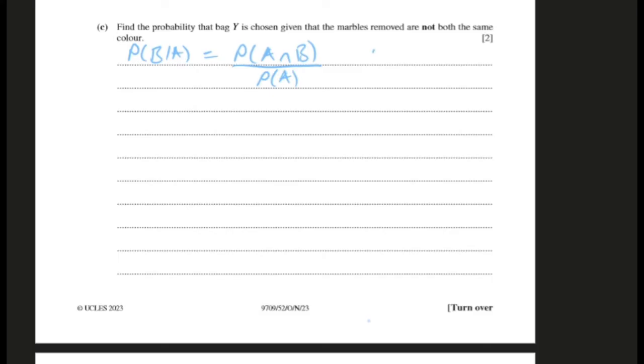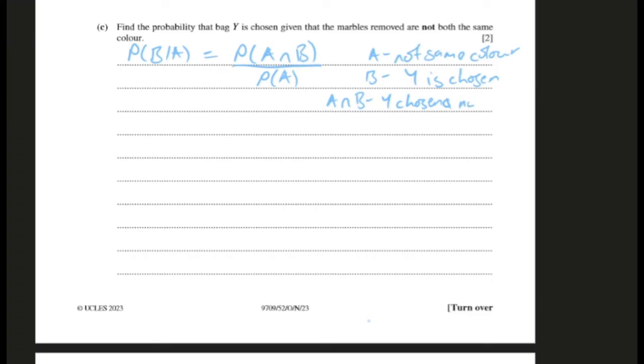So not same color is A, and then B is bag Y is chosen, and the intersection would be Y chosen and not same color.